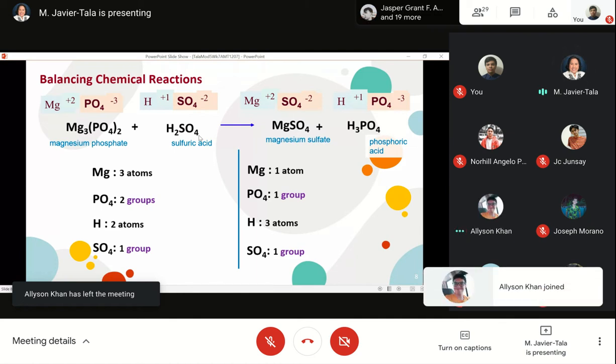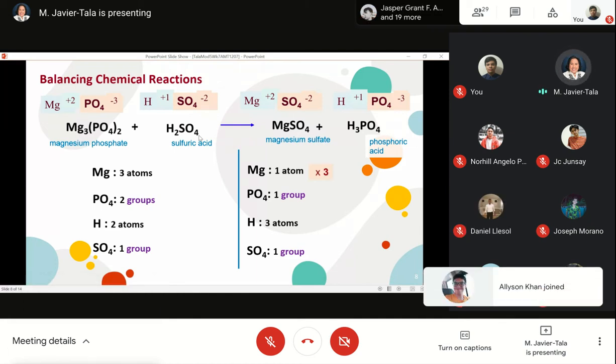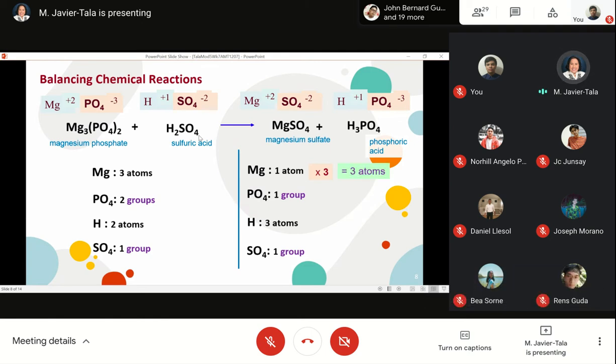So to make both sides equal, we multiply magnesium by 3 so that there will be 3 atoms. The multiplier, we write it in front of magnesium sulfate because that is where your magnesium is contained.